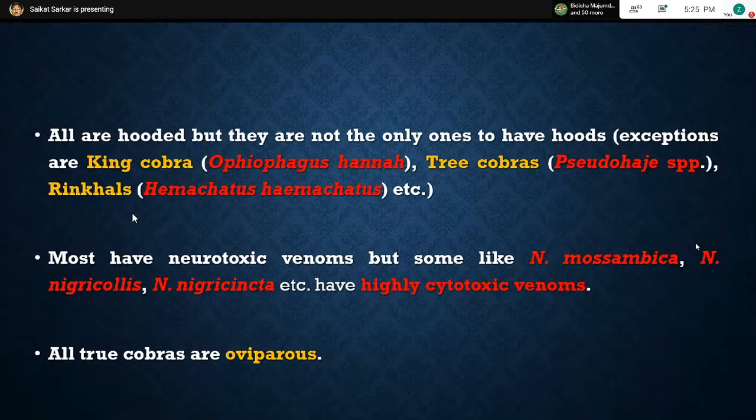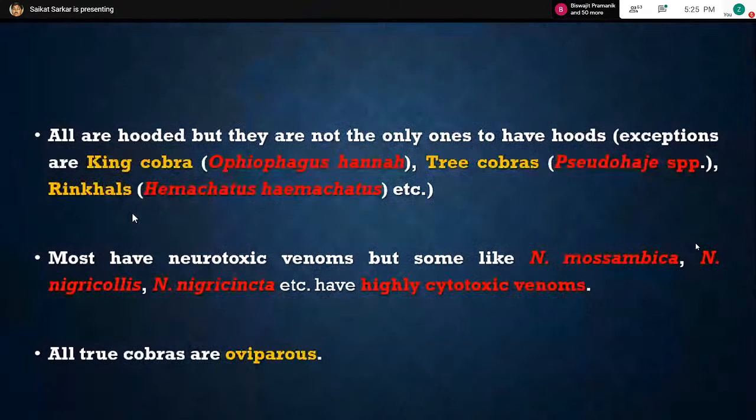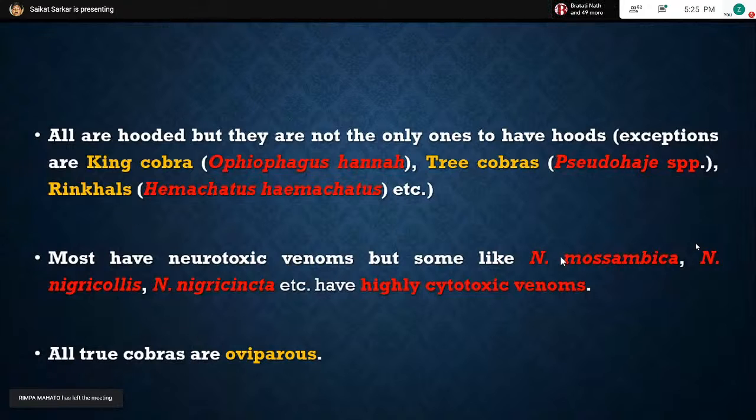Most have neurotoxic venoms, but certain species have very disabling, disfiguring venom, like vipers have. These are those specimens: Naja mossambica, Naja nigricollis, Naja nigricincta.